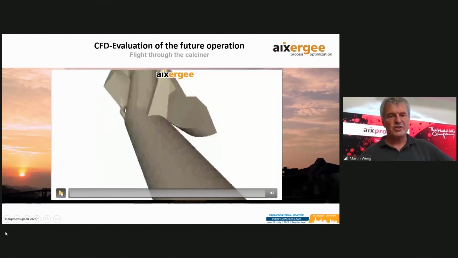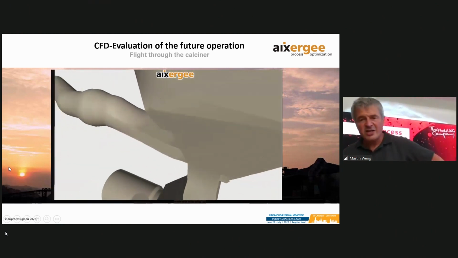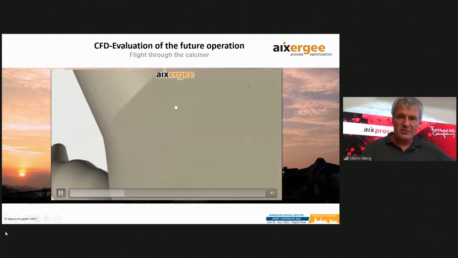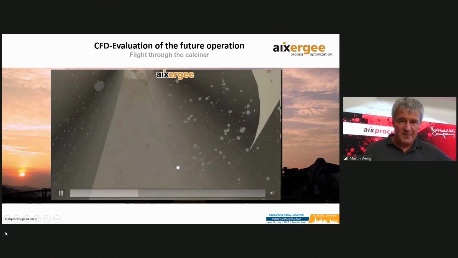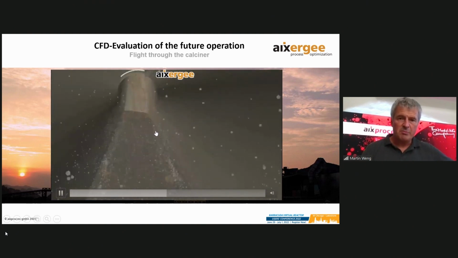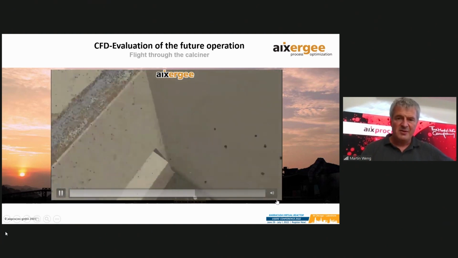Okay, this is just what we did for the Lengerich engineers. This is a bit of the flow of this device. So here you see this combustion chamber, and you see the meal dropping down from the top and being suspended. And now we turn to the lower part.